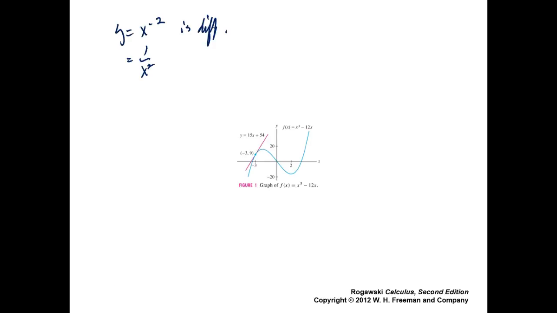Okay, now looking at that form, what can you tell me about that function? Anything reach out there and slap you in the face? It gets closer to 0. Say again? It gets closer to 0. What happens? It's small.